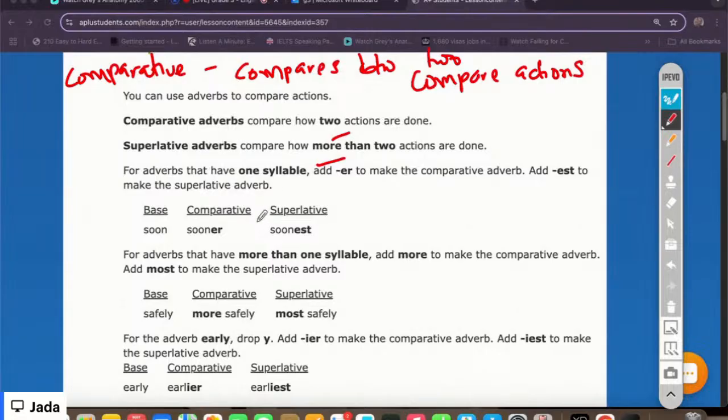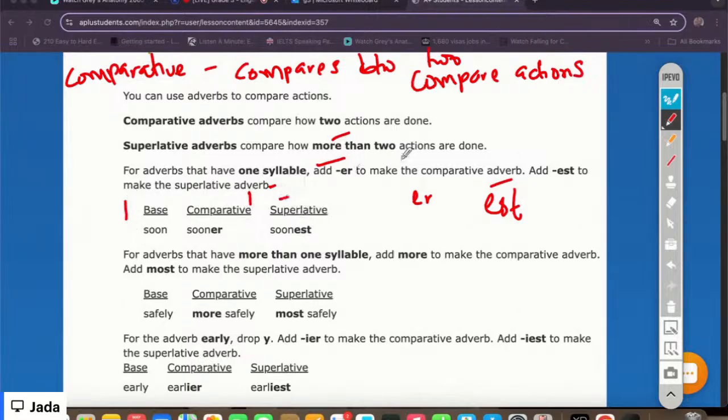Okay, for adverbs that have one syllable, add er. So for the adverbs with one syllable, you add er to make the comparative adverb, and then est to make the superlative. All right, just how we have over here: base, comparative, and then superlative.